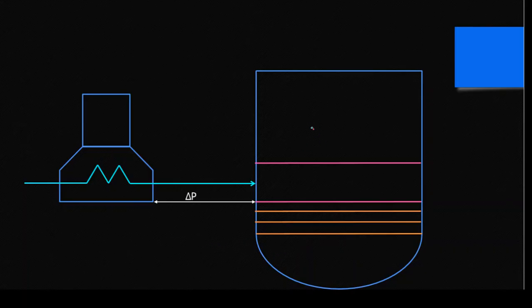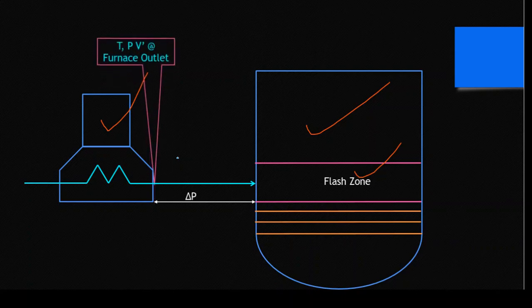As we know, this is the flash zone section. This is the column bottom section, this is the flash zone, and this is the furnace from where the feedstock, that is the crude oil, is heated to 350 degree Fahrenheit and charged into the flash zone. At this furnace outlet, the temperature, pressure and amount of vapor, these three pieces of information are required.